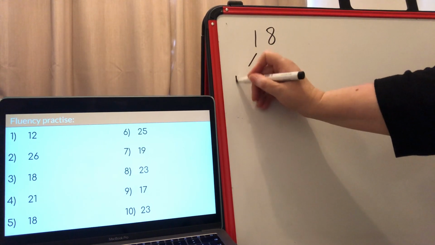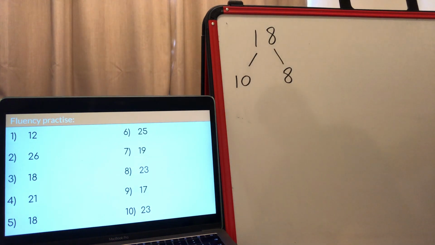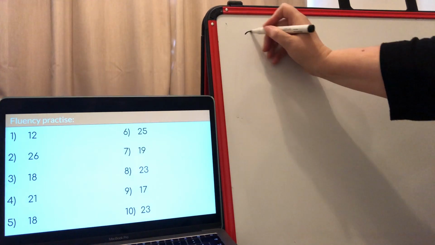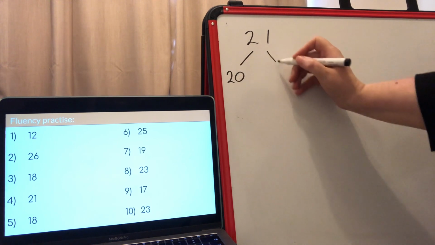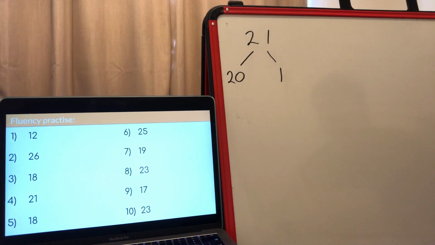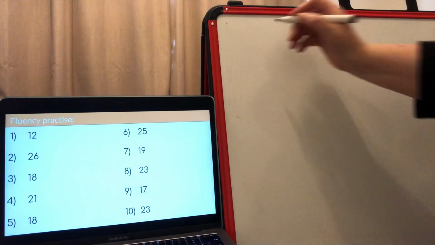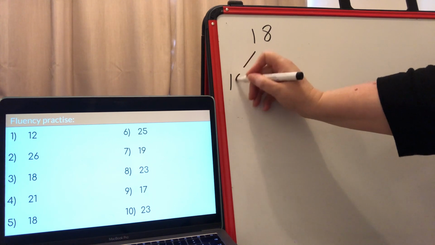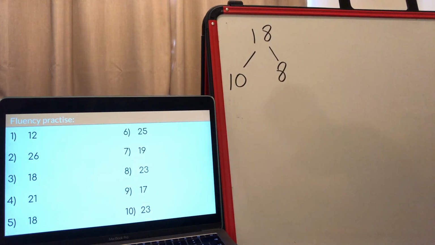The 1 has a value of 10 and the 8 has a value of 8. Question 4, 21. The 2 has a value of 20 and the 1 has a value of 1. Question 5, 18. The 1 is just 1 ten, so that has a value of 10. And the 8 is 8 ones, that has a value of 8.